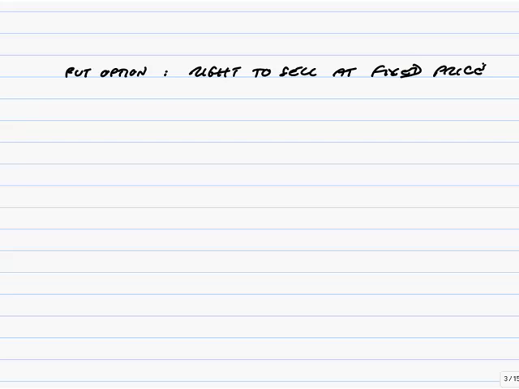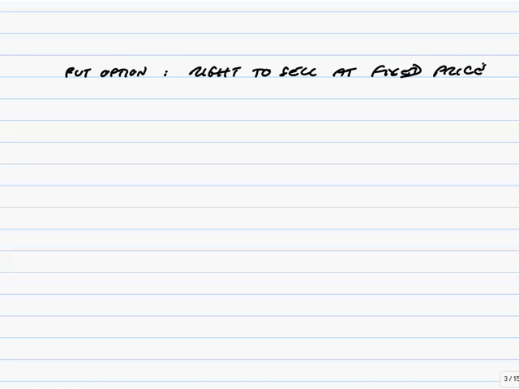And so what we're going to do for the same example is work out what the value would be now of a put option at $2.60. And so all the figures are exactly the same as before. It's example 3, remember. And to value a put option, we use what we call put-call parity.